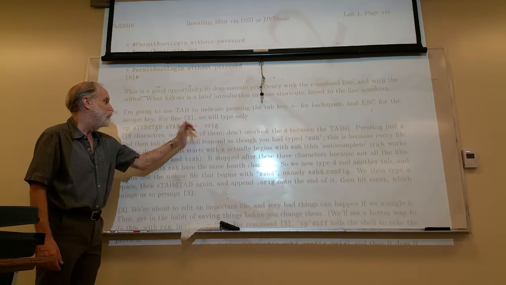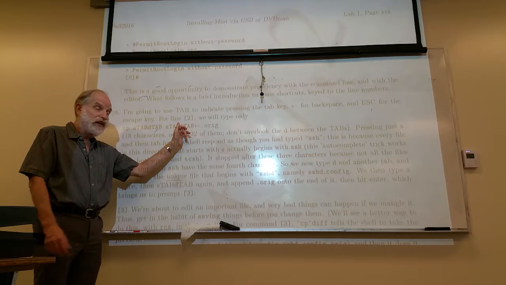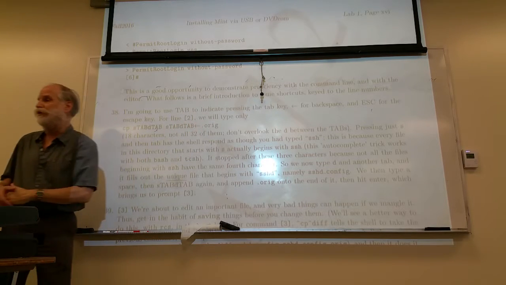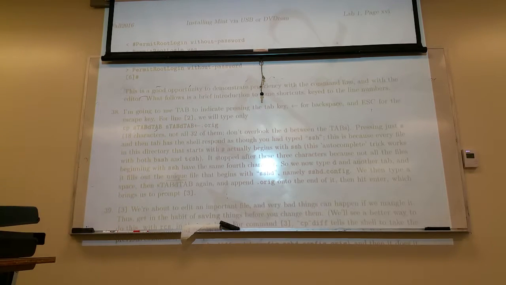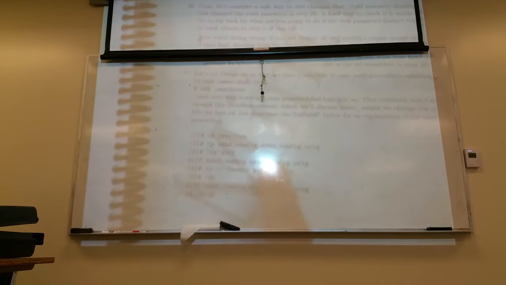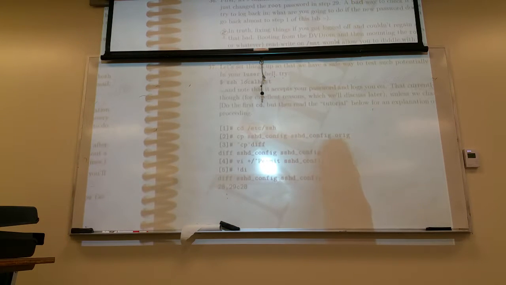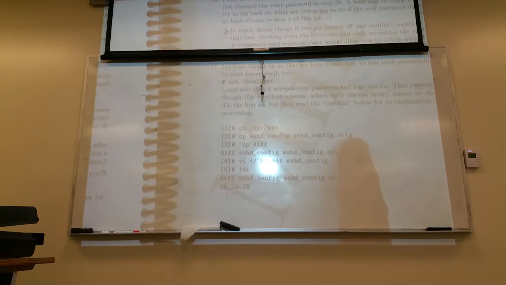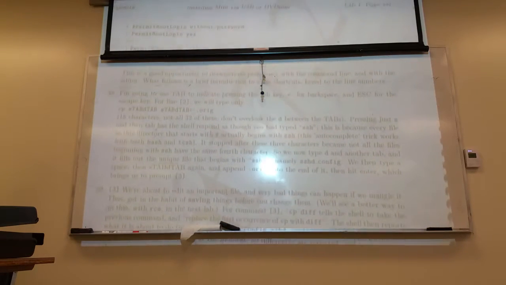In this case, I had to back up a little bit here, back up over that space that showed up, and put .orig on the end of it. That's what actually got me to the line that looked like this. Write that out, write it out again. Now there's a space there, so back up and put in the new characters that you want to get exactly this line. But that was not very many characters to actually have to type to make that happen.